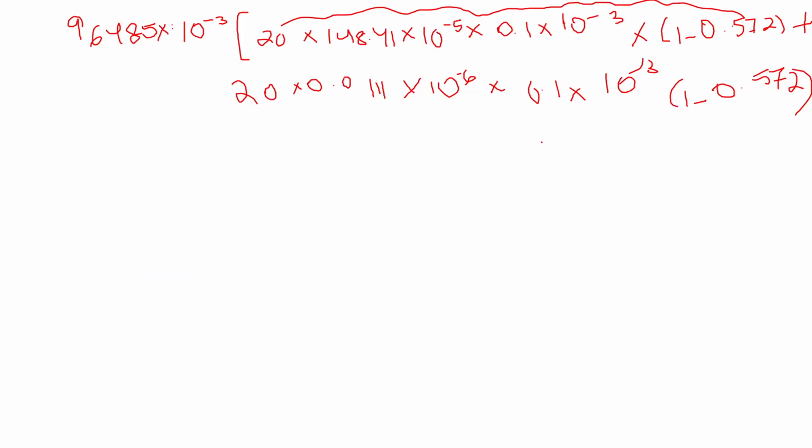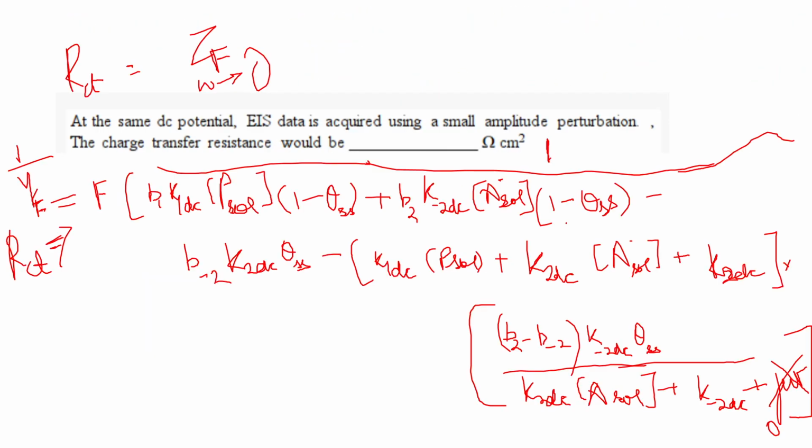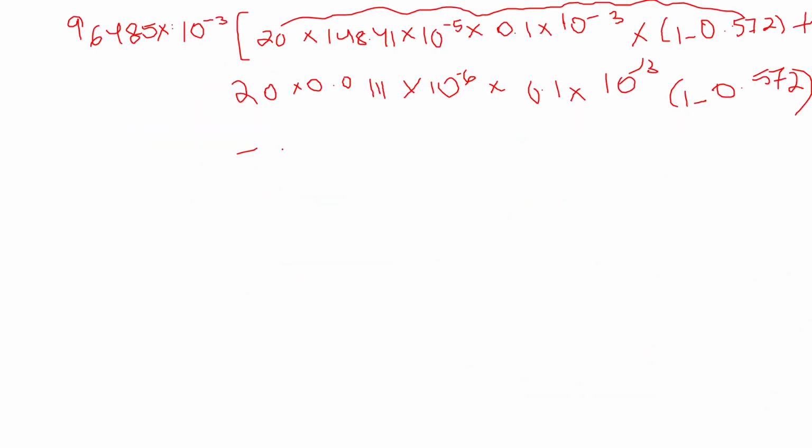Now the third term, that is minus of B negative 2 K2 DC into theta SS. So it is negative B minus 2, that is minus 18. So minus of minus will become positive, into theta SS.